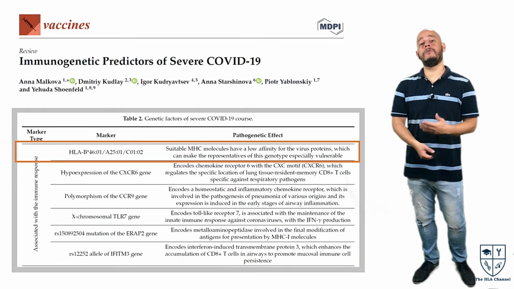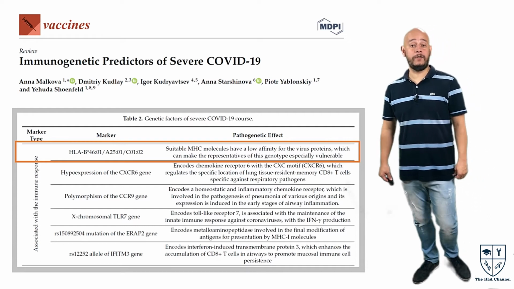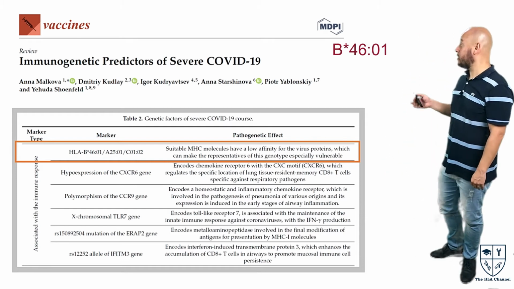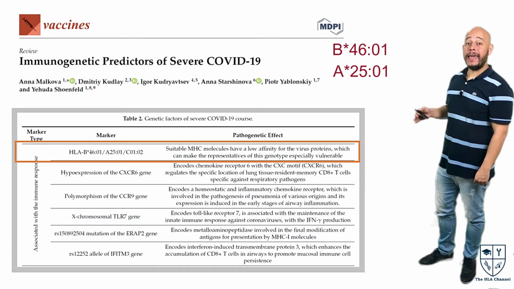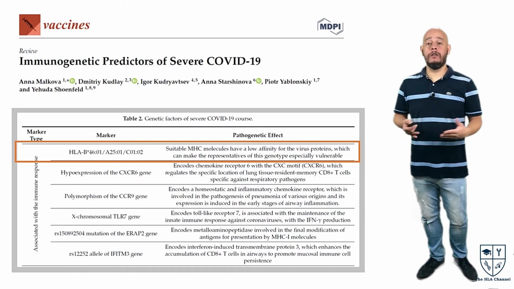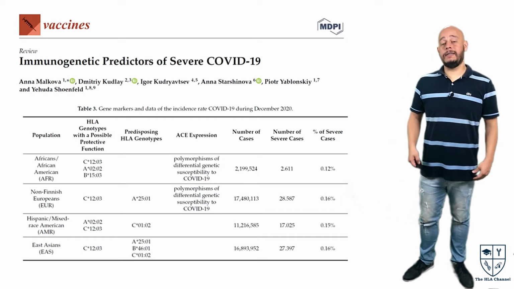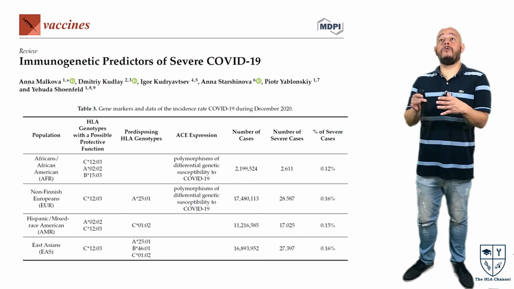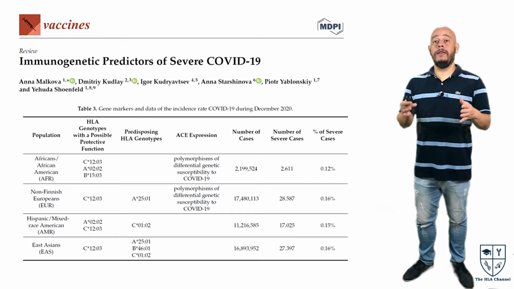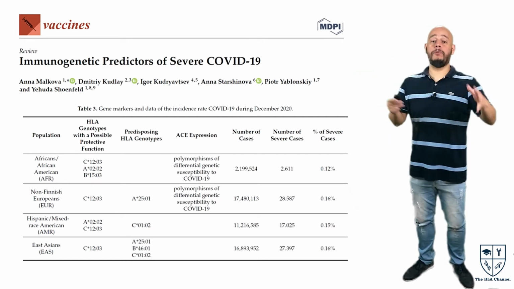It is possible to suggest biomarkers that predict the development of severe COVID-19. Again, we can see B*4601 and A*2501 serving as biomarkers of COVID infection. In the same paper from Malkova, we can see this association across different populations. Okay, so we can see how these markers can be used in different populations.